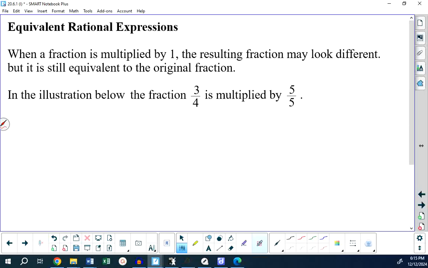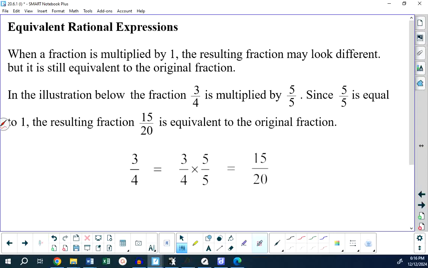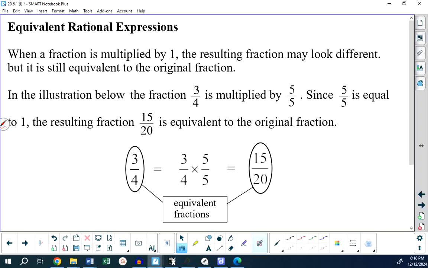For example, if we take a look at the fraction 3 over 4, if I multiply 3 over 4 by 5 over 5, and 5 over 5 is 1, I end up with 15 over 20. 3 times 5 is 15. 4 times 5 is 20. And that means that 15 over 20 is the same as 3 over 4. These two things are what we call equivalent fractions.